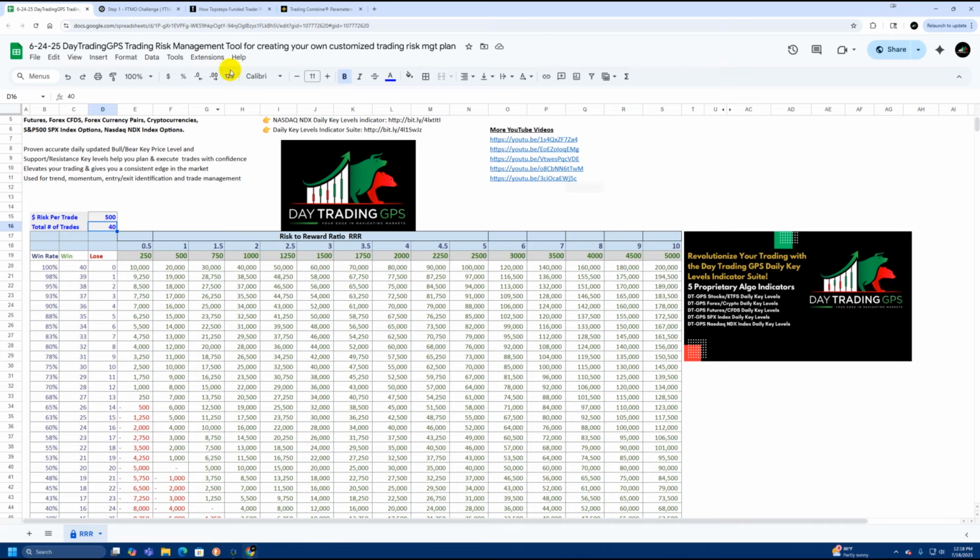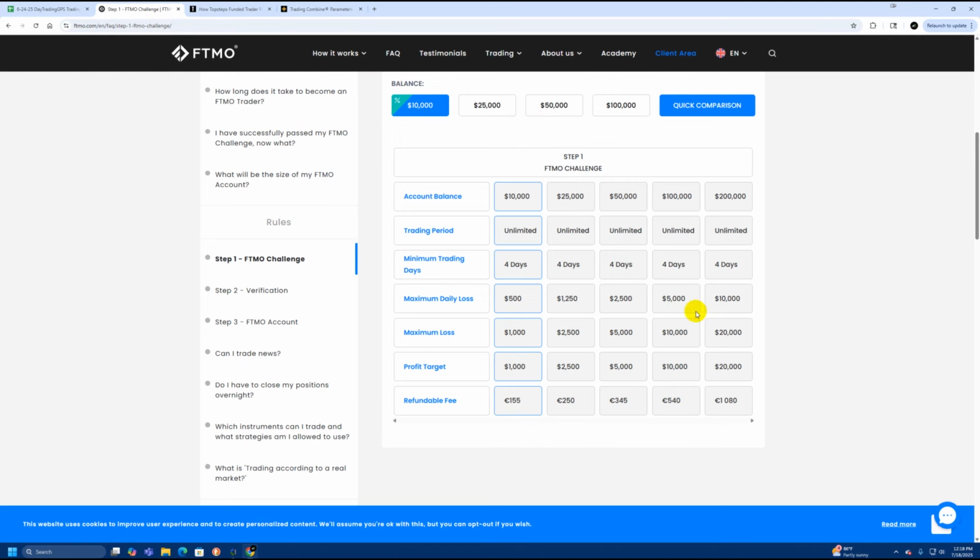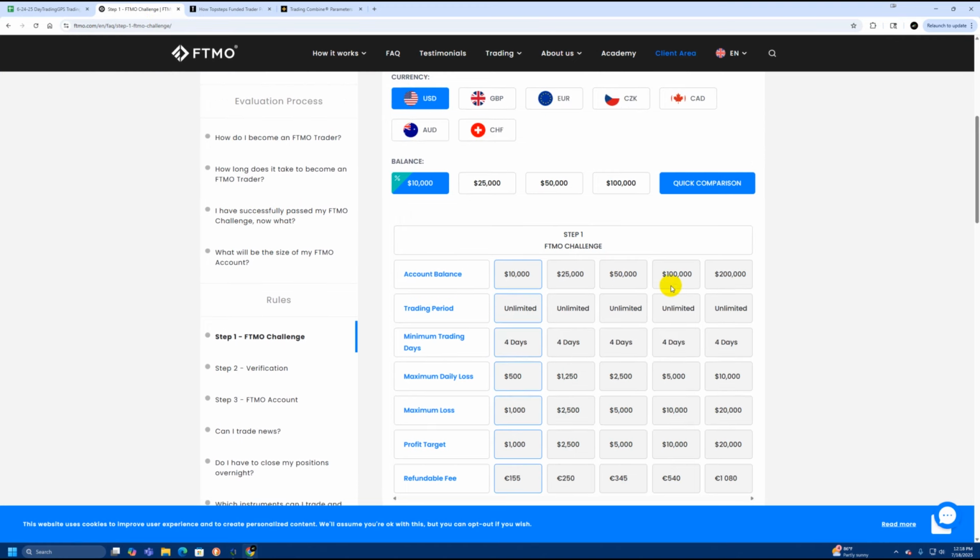Okay, so now let's look at using this tool for specific challenges like FTMO, TopSteps, etc. So first, let's look at FTMO. So for example, here you have these various FTMO challenges, and they range from $10,000 challenge to $200,000 challenge.